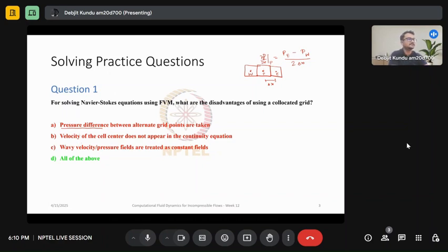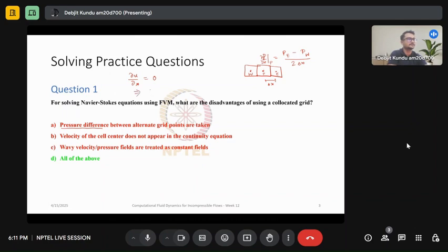Then another disadvantage being option B, saying that velocity of the cell center does not appear in the continuity equation. So for this same template, we are considering a 1D case. So here, if we are trying to solve the continuity equation, it should have been just du/dx equal to 0.